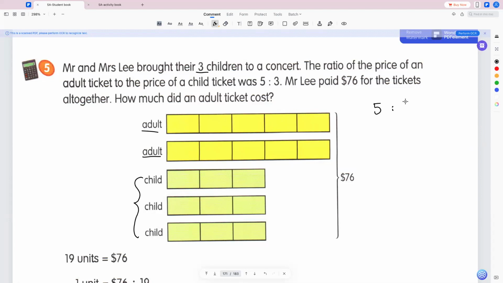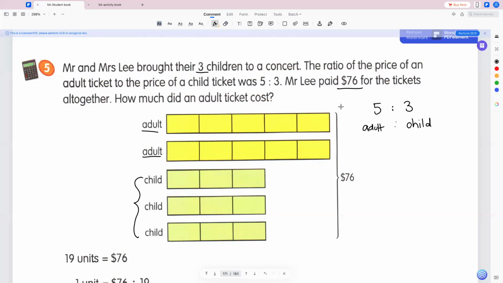So your ratio looks something like this. This is representative of adult to child. Now, Mr. Lee paid $76 for the tickets all together. How much did an adult ticket cost?